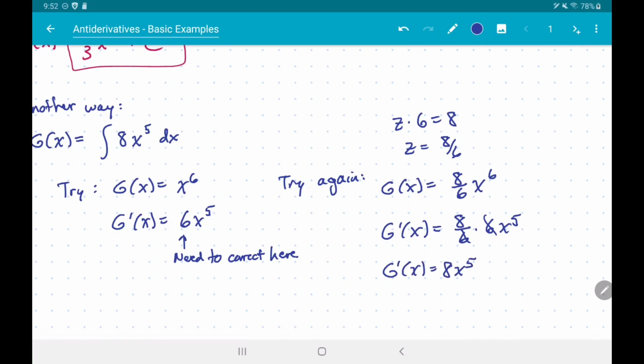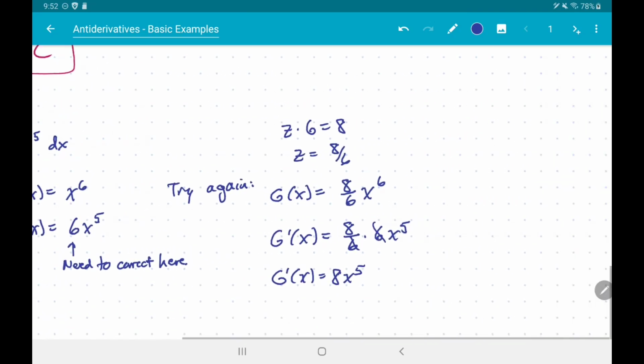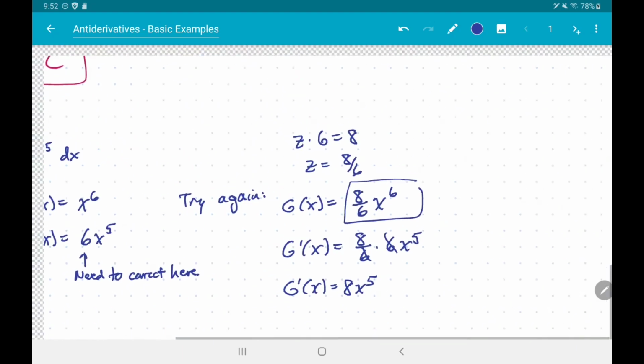Okay, so this is another way to approach these polynomial problems. I find it easy enough to just use the rules, but some students like this kind of constructive method where you get part of the answer and then you try a few things and make corrections until you get it to work. At any rate, this is the answer that we're looking for apart from a plus c.